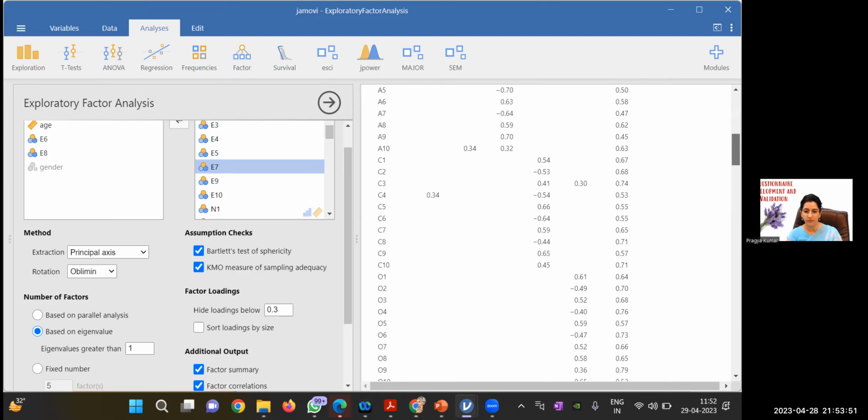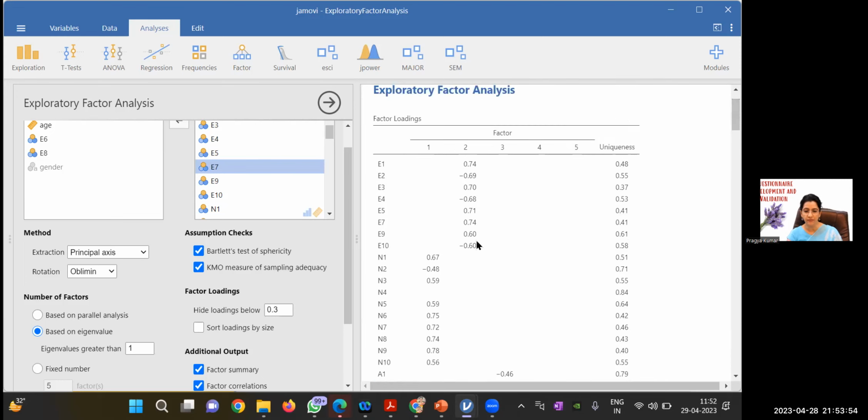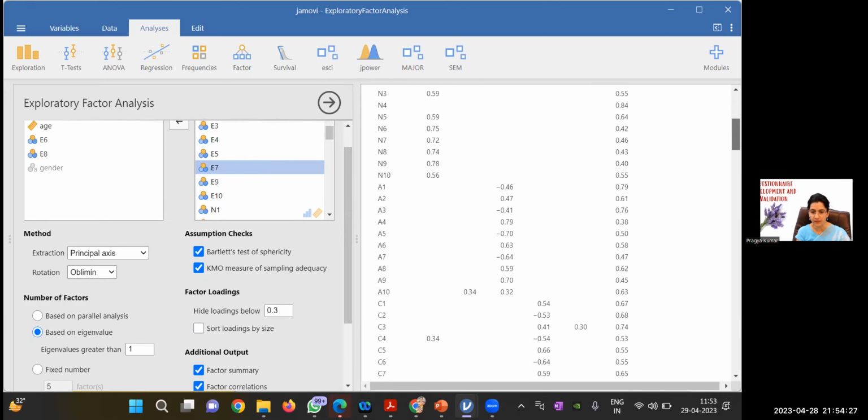Maybe this E10, its uniqueness is 61. So the more uniqueness, the less correlation it contributes and the more error. So in spite of removing the items, the convergent validity is 0.68.